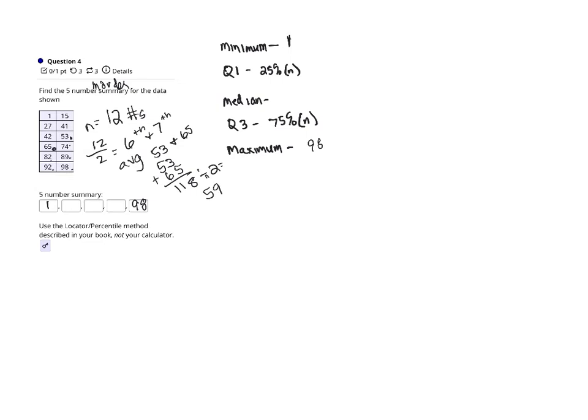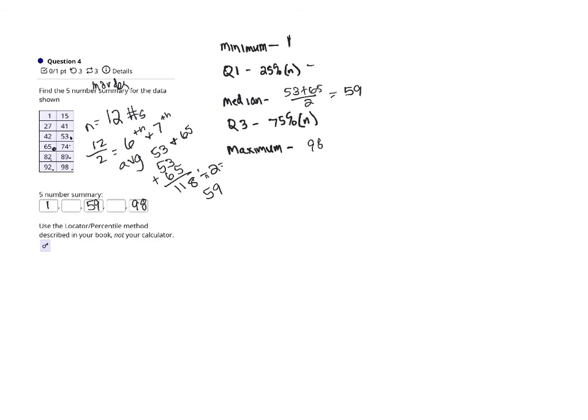So my median is 59. What I did was take 53 plus 65, added those together, divided by 2, and that gave me 59.